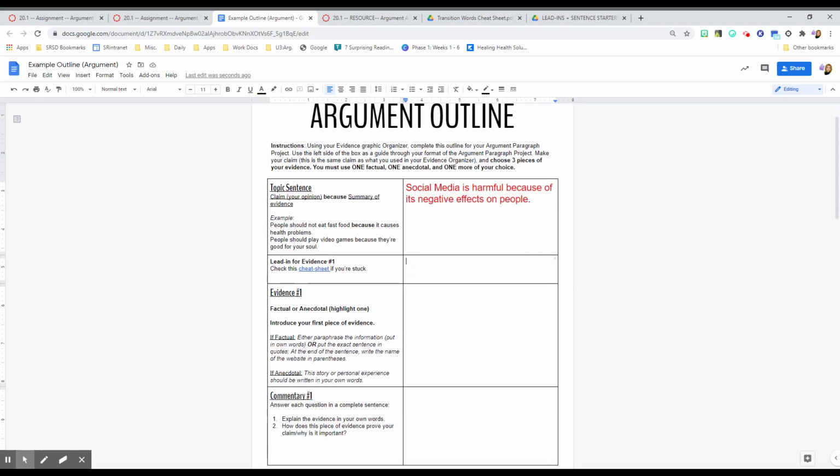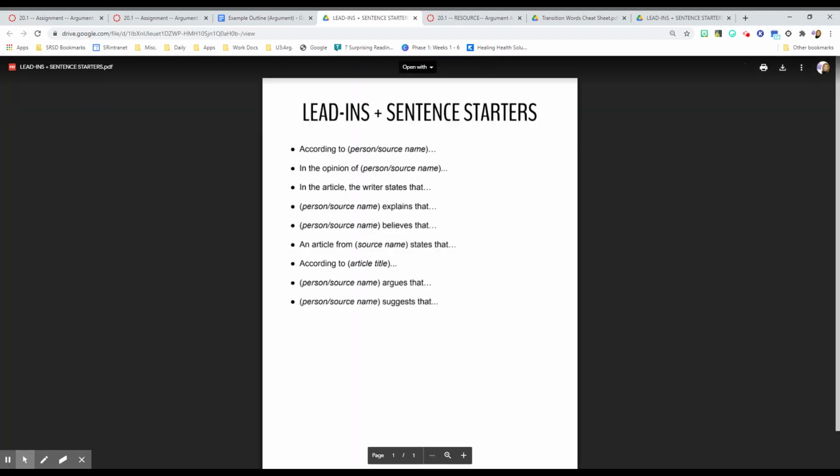Now, here is a lead-in. I'm going to have you guys click into this cheat sheet section. Okay, all a lead-in simply is a way to introduce a new point. Okay, so your topic sentence is introducing your entire piece, but the lead-in is just introducing your new piece of evidence or your new point that you're trying to share with us.